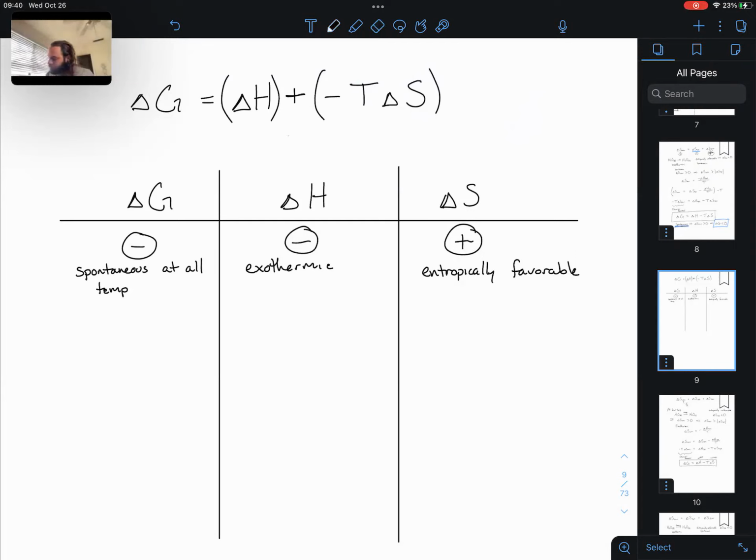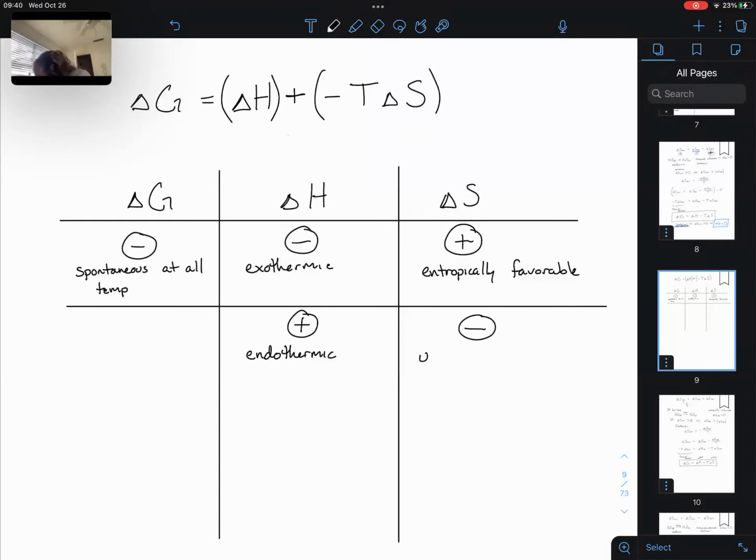All right. So now we're going to look at another situation where we have an endothermic reaction and an entropically unfavorable process.